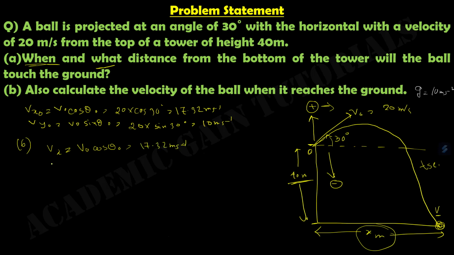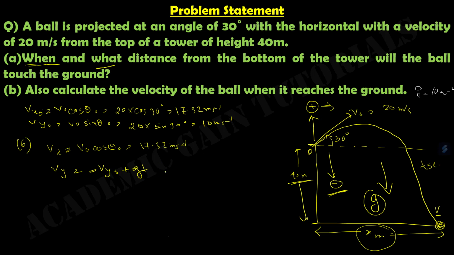And along the y-axis, when it touches the ground, the velocity is negative. So vy will be minus vy naught plus gt, as when it comes down the g is positive at that side.